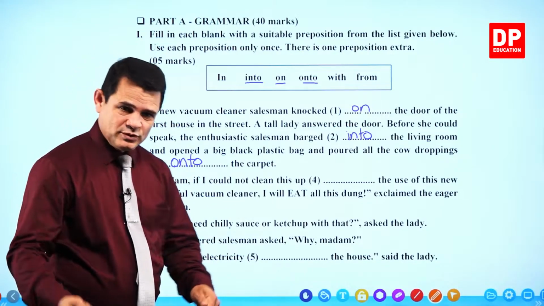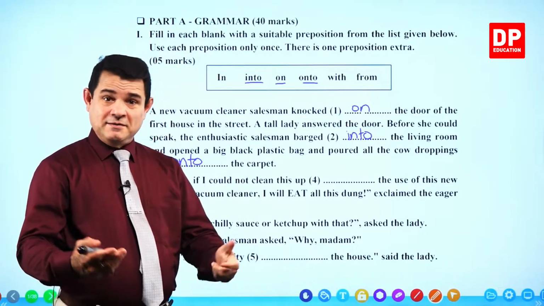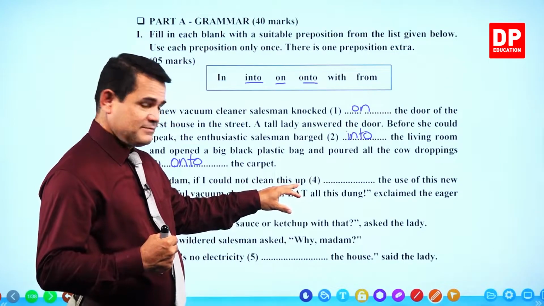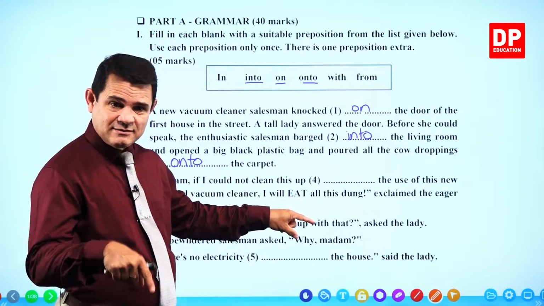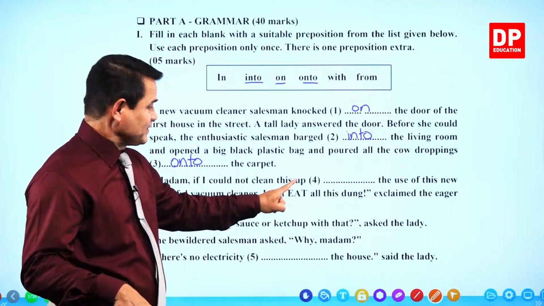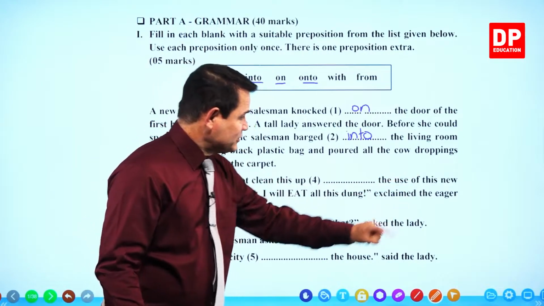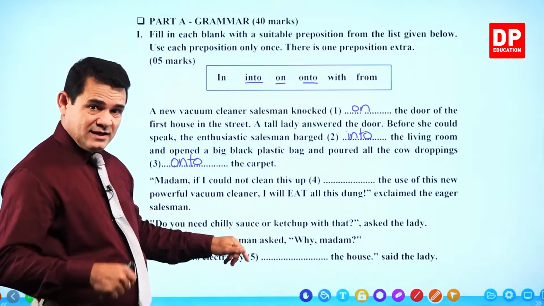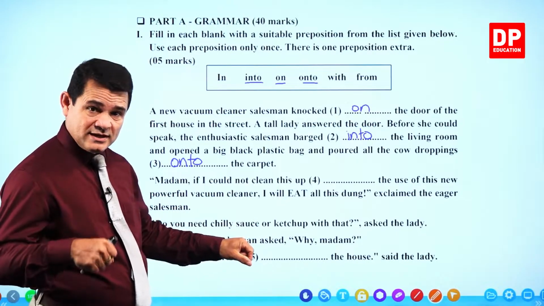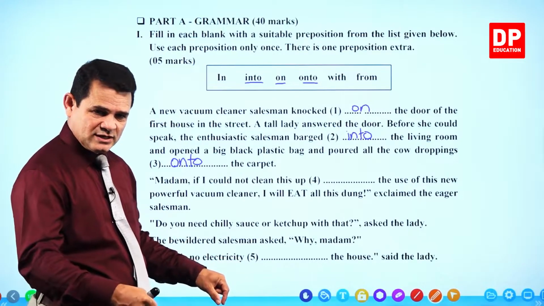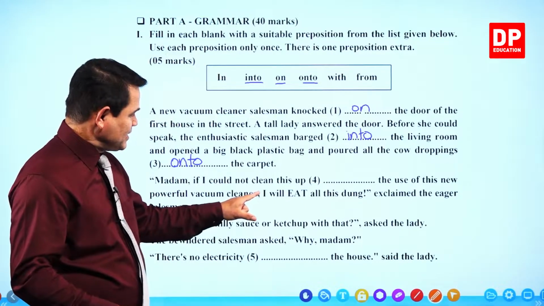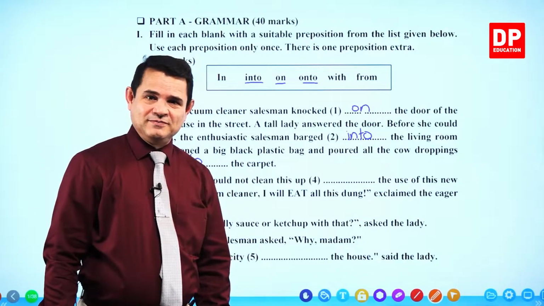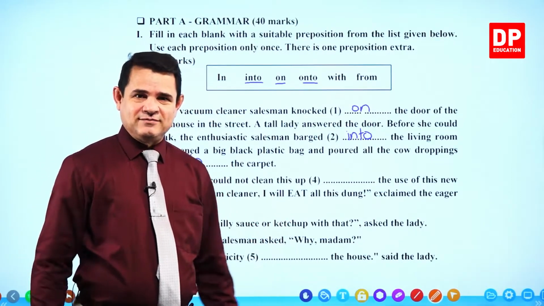Then he put all of them onto the carpet and said, Madam, if I could not clean this up, මට මේක clean කරන්න බැරි වුණොත්, blank the use of this new powerful vacuum cleaner. මේ vacuum cleaner එකෙන් මට මේ ටික සුද්ධ කරන්න බැරි වුණොත්, I will eat all this dung. මම මේ ඔක්කොම කනවා කිව්වලු. මේ vacuum cleaner එක sell කරන්න විකුණන්න ඇවිල්ලා තියෙන්නේ.